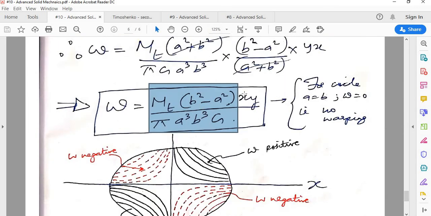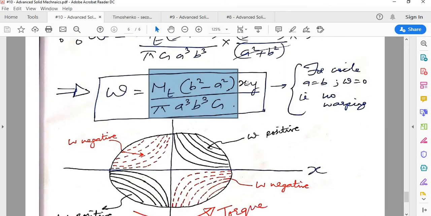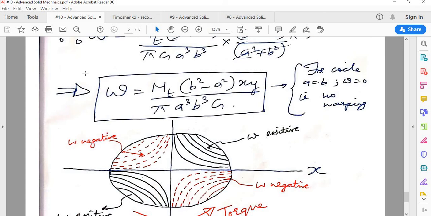So this will be negative into xy. It means the warping will be constant for a constant x into y. So these lines are lines of constant w, because the product of x into y is constant.